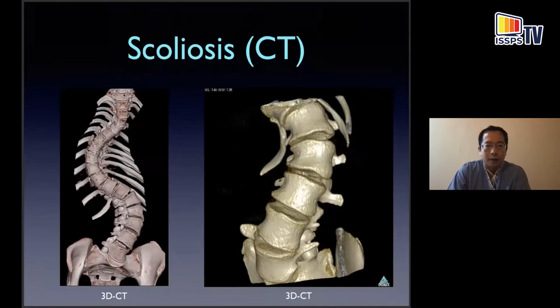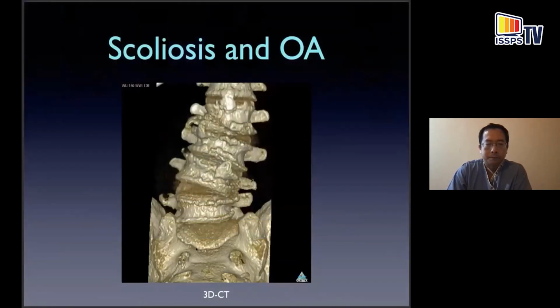Another CT scan showing you how severe the lateral convexity can be in these cases, associated with vertebral rotation as well. And in this patient with long-standing scoliosis and combined osteophyte formation around the intervertebral discs, you can imagine that the interspinous spaces are also going to be severely narrowed down.